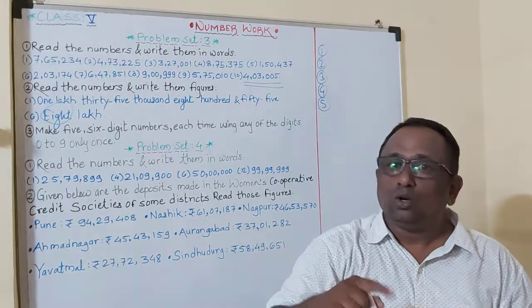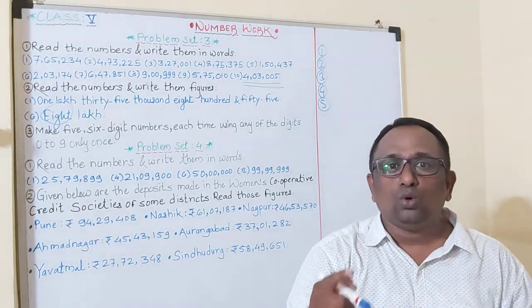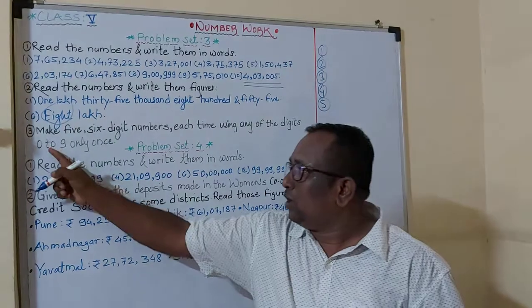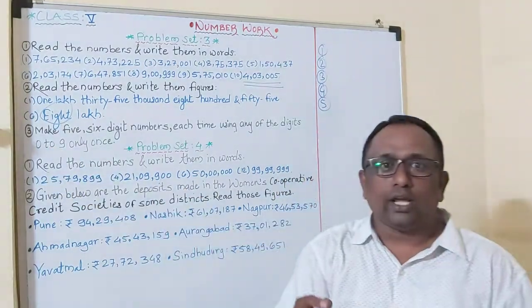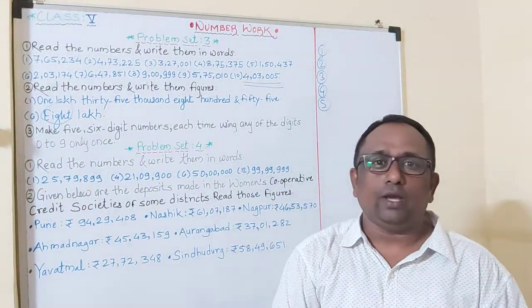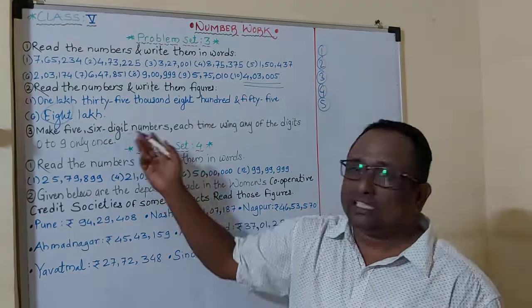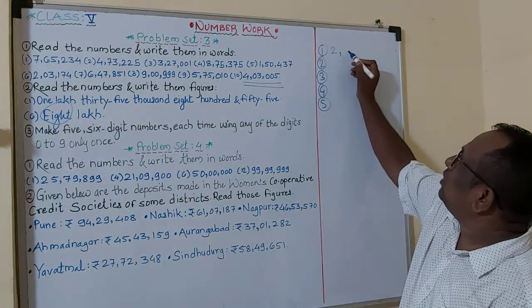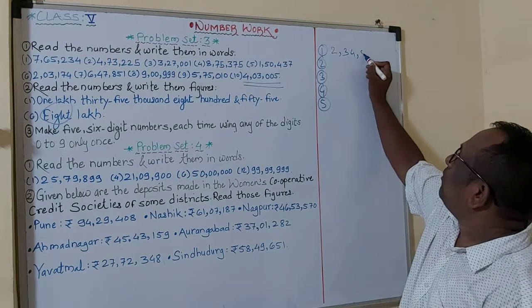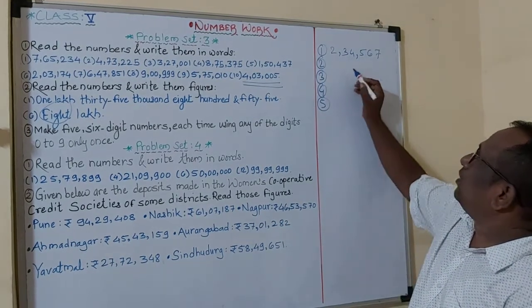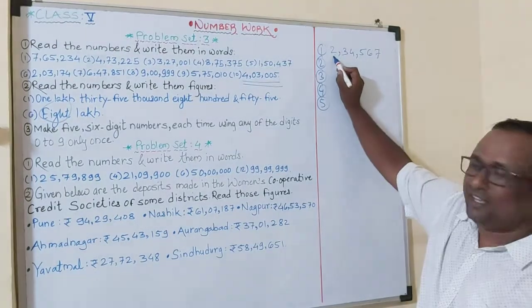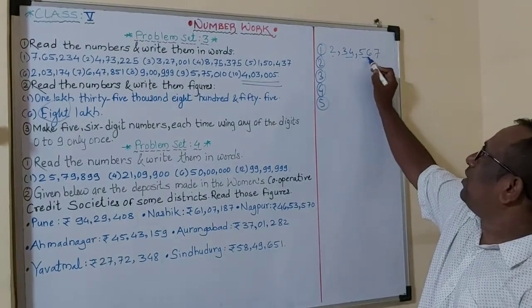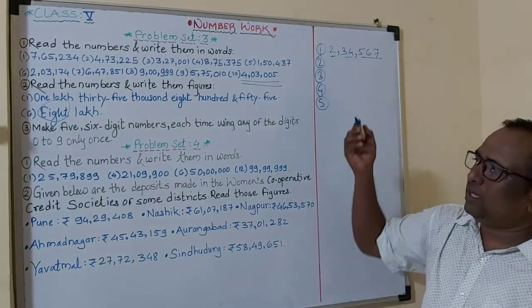For example, 9, don't repeat again. For example, 2, don't repeat again. So you have to take 0 to 9, and with the help of 0 to 9, you have to make 5 six-digit numbers. Let's see the first one. Any: 2, 3, 4, 5, 6, 7. So 2,34,567.